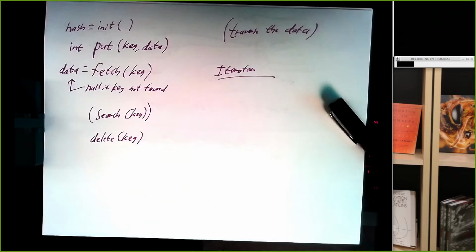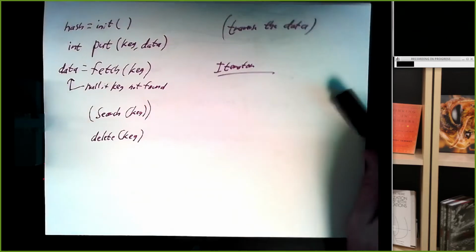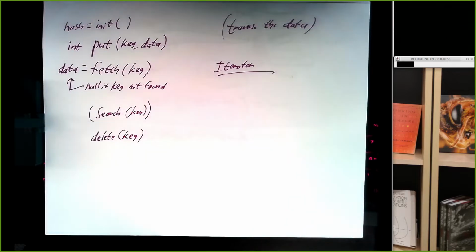So for an array, we don't need this: for i equals 0, i less than 10, i plus plus, give me array bracket i. That's very easy. For a linked list, we don't need this. We start at the sentinel, we just move down the list until we get to null. But for a hash, we need some way to say, what's the next key in your hash?